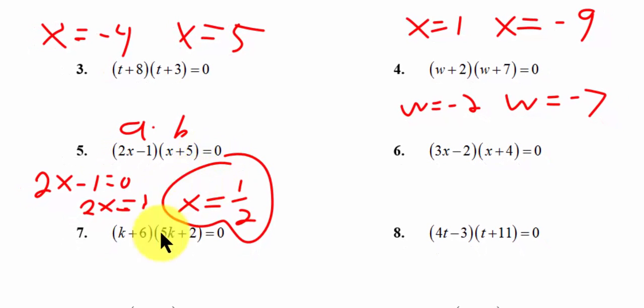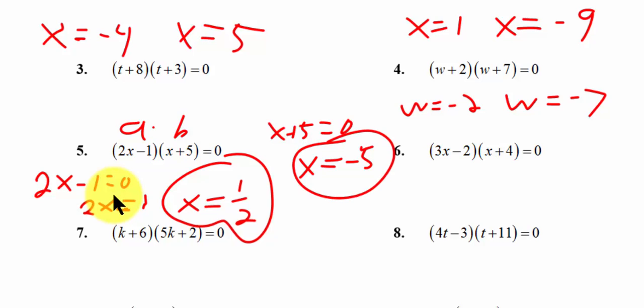Now there's another answer. Take this B, which is x plus 5, and set it equal to 0. If I solve this for x, you get x equals negative 5. So if I place this negative 5 in for x, I'm going to get 0. By the way, I didn't actually have to set this equal to 0.